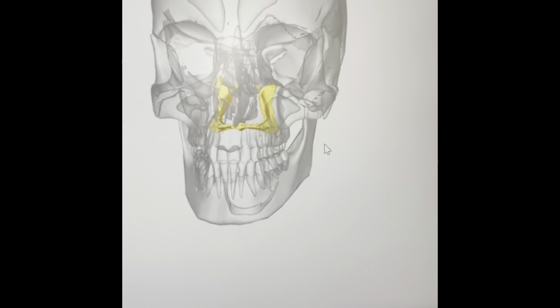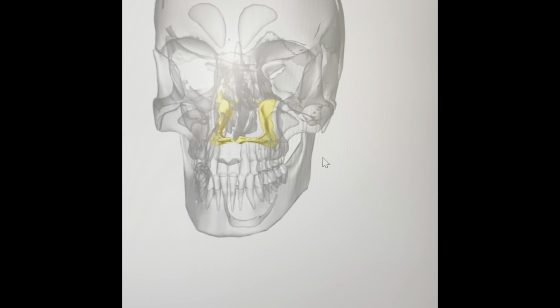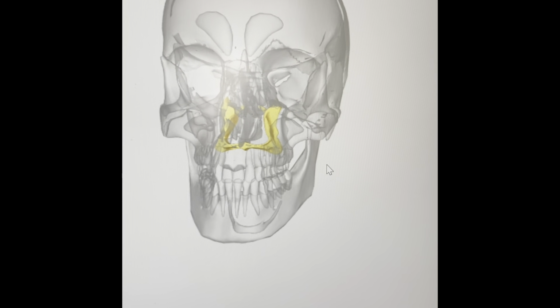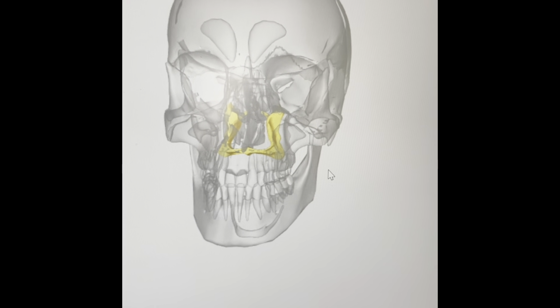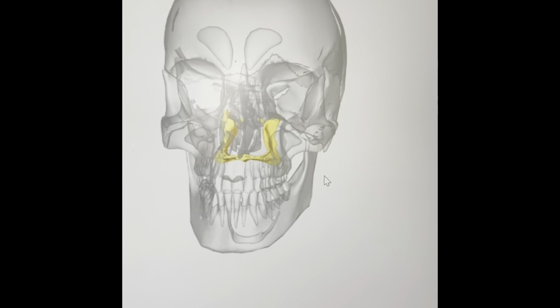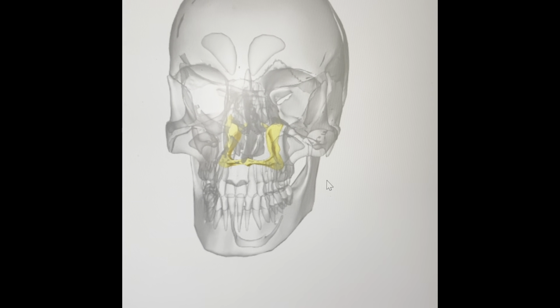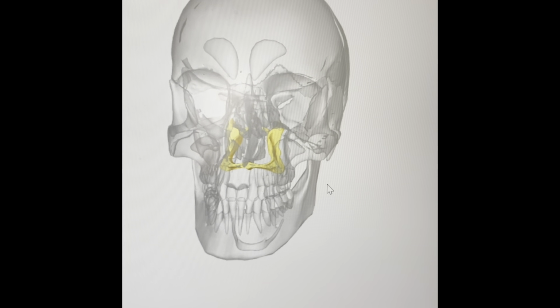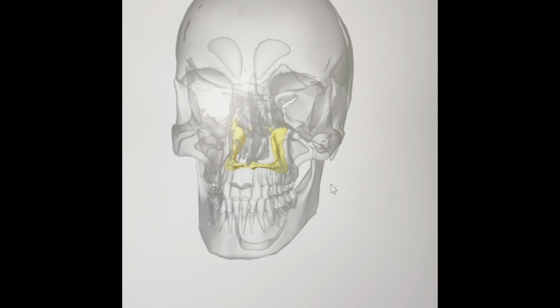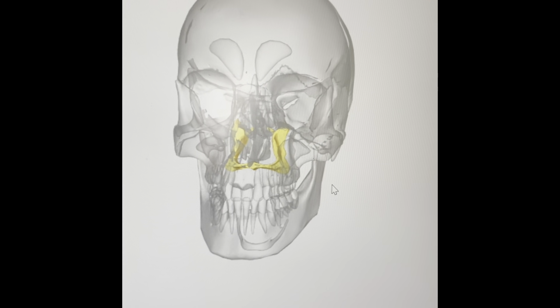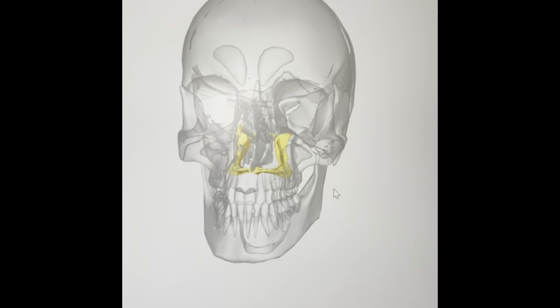The palatine bone is a thin paired bone that participates in forming the nasal and oral cavities, as well as the pterygopalatine fossa.